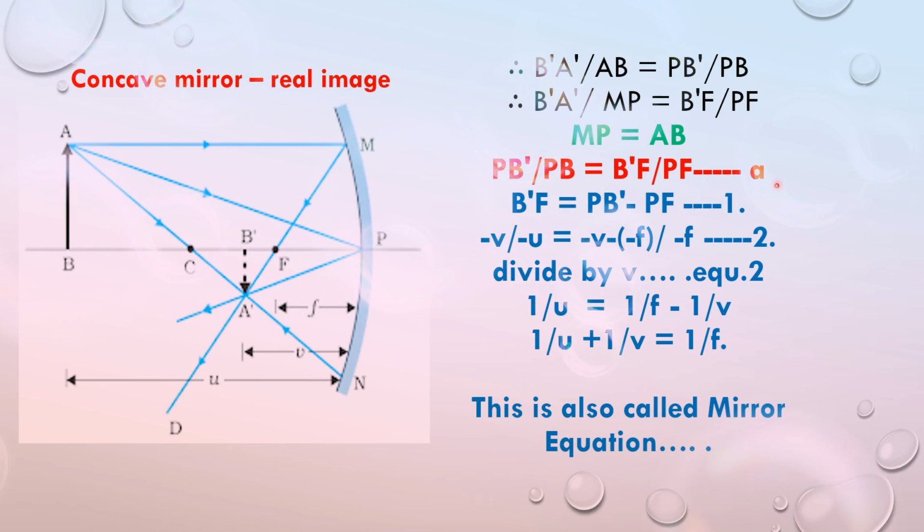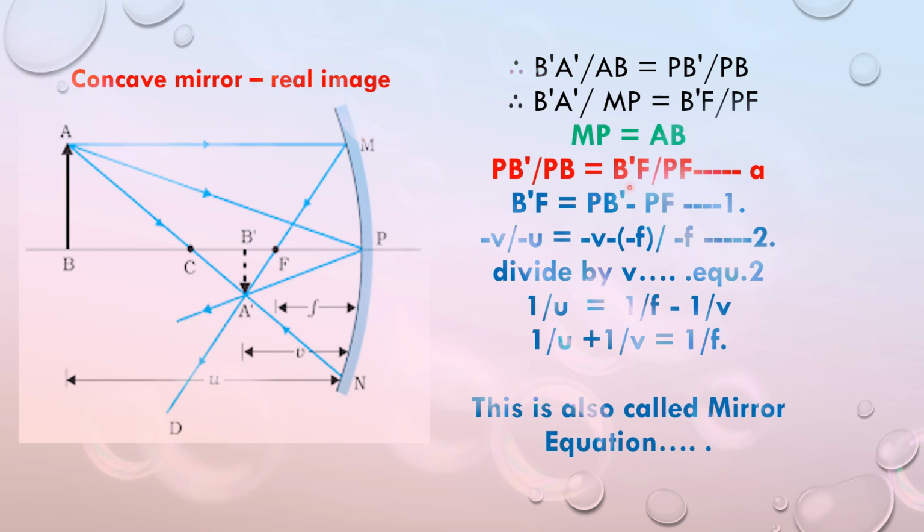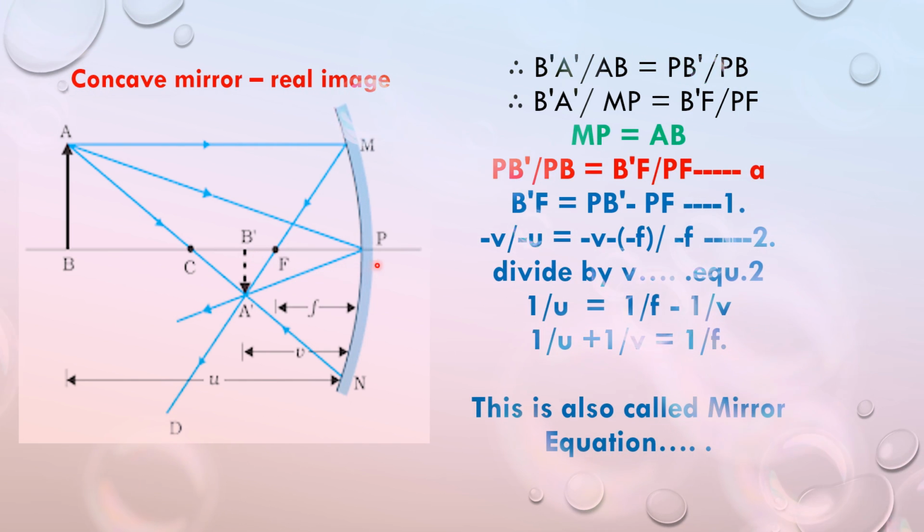This is considered as equation small a. Also we can write B dash F: B dash P is equal to B dash F plus FP. But we want only B dash F, so the PF cross equal to, so the negative sign will come. That's what we are writing.